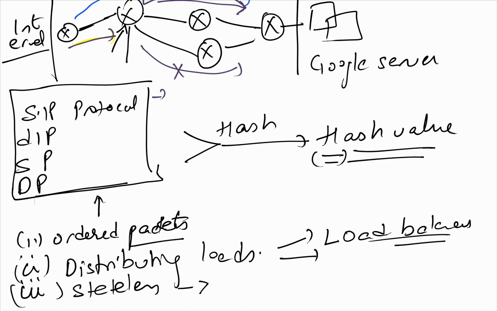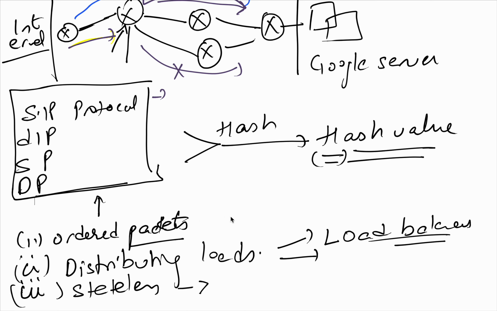If I have to summarize all this, I can say that hashing is used for load balancing, in a stateless flow of traffic, to make sure that you always use the same path. How does it help us?